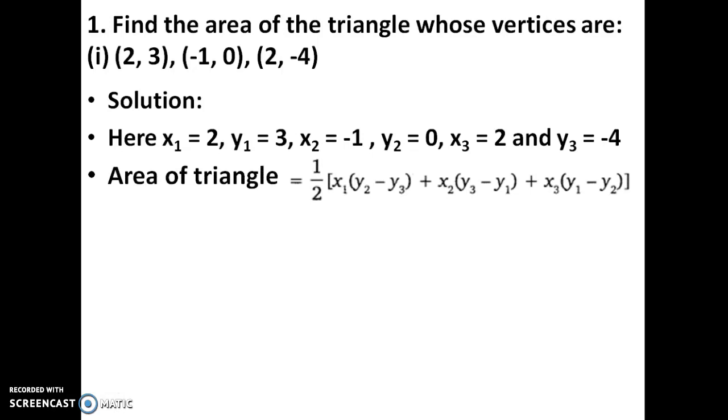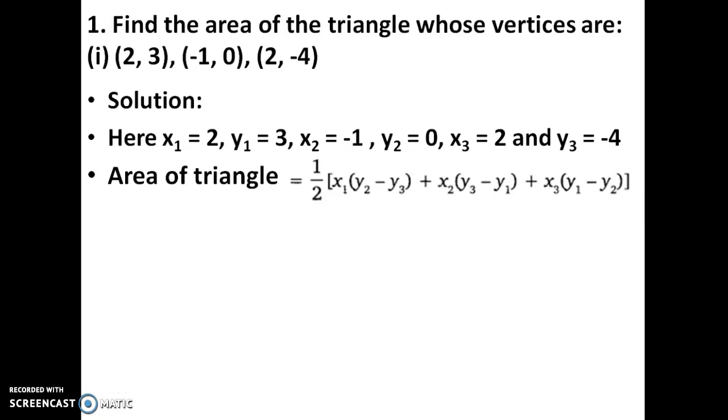Area of triangle equal to half into x1 into (y2 minus y3) plus x2 into (y3 minus y1) plus x3 into (y1 minus y2). This is the formula. So we know that the first vertex is (2, 3).